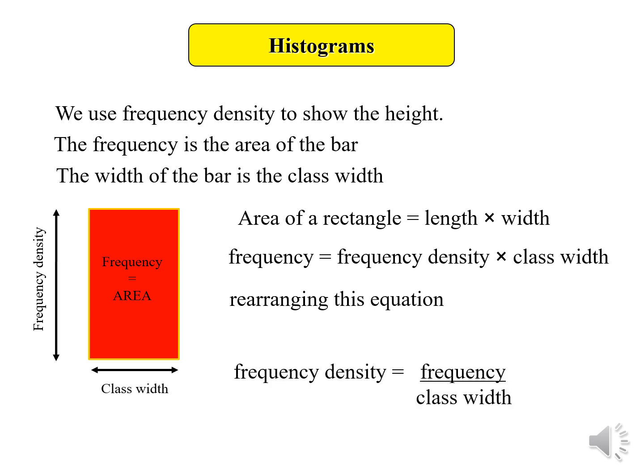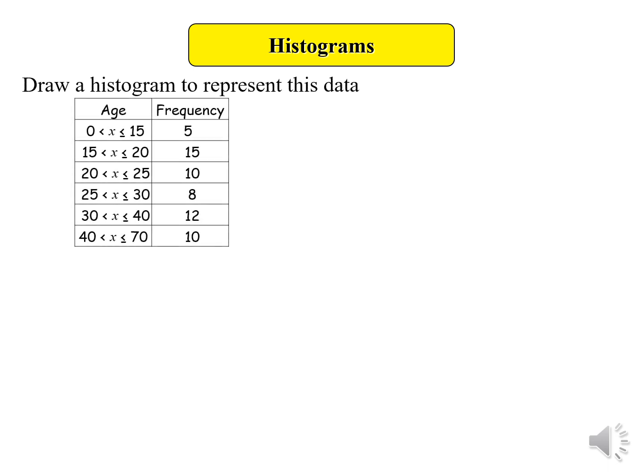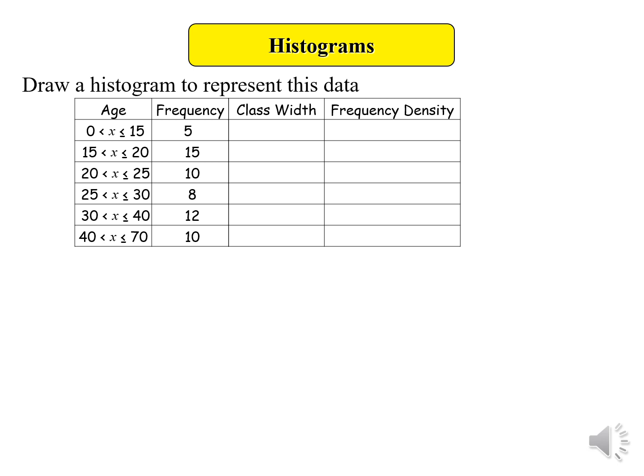That is, frequency density equals frequency divided by class width. Frequency density means the length of the bar that we are supposed to calculate. Just go for it. Here we have to draw the histogram for the same data set. Then you just have to find the class width and frequency density.